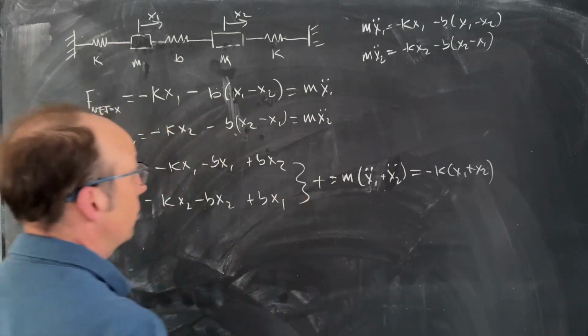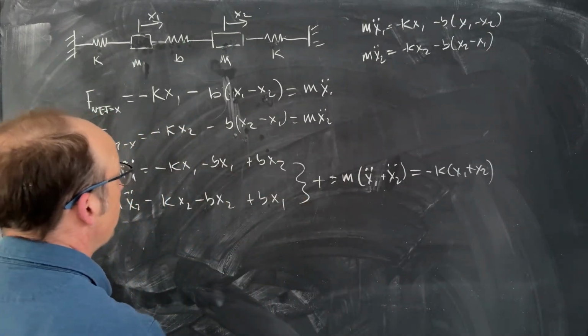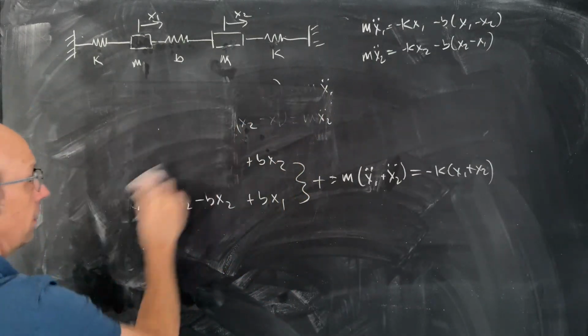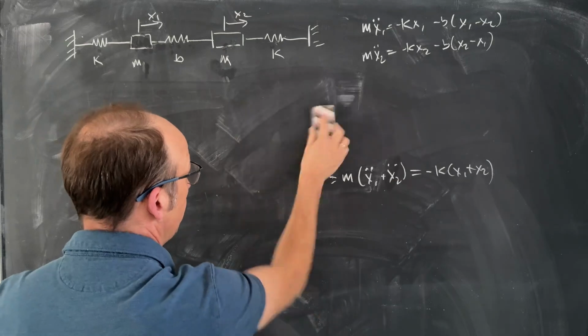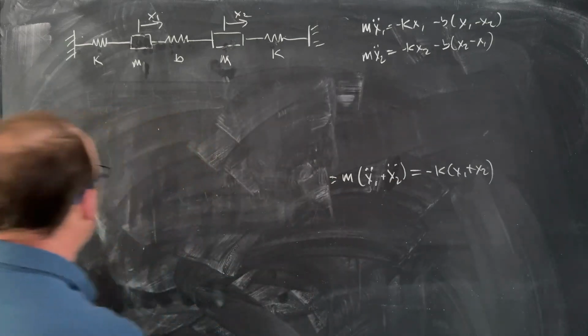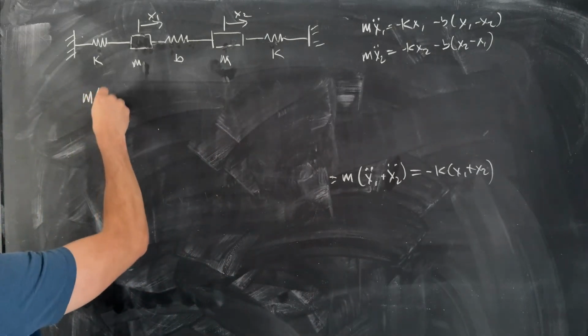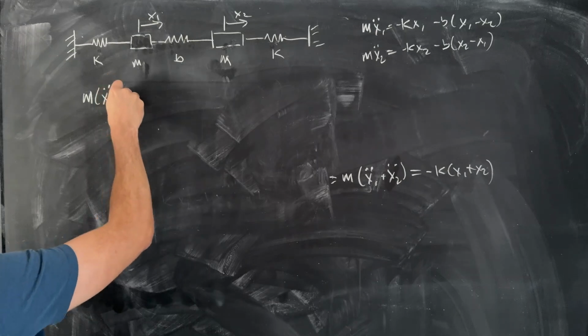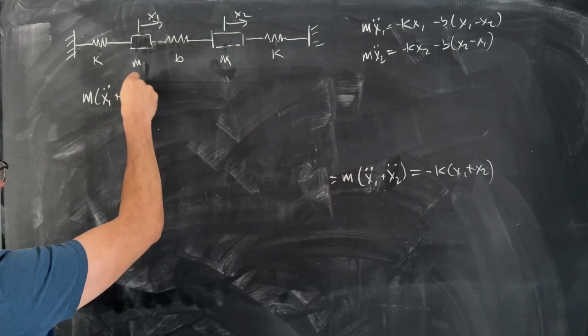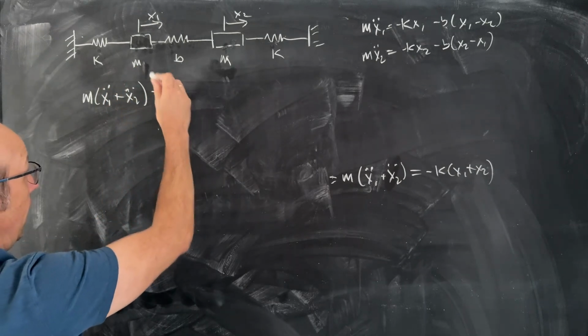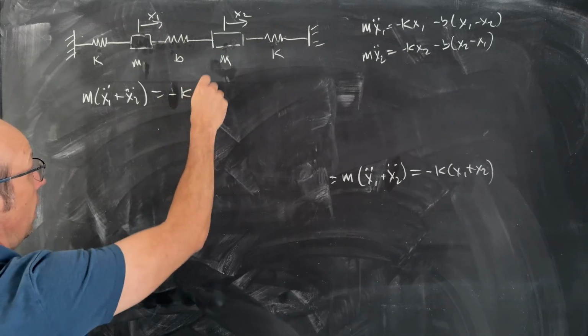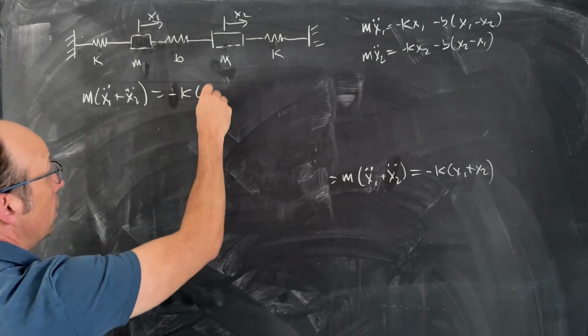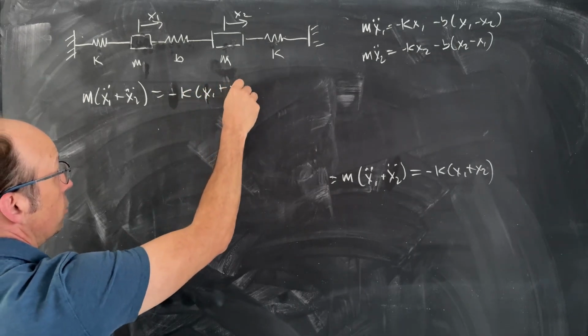That's what I have. And then this equation we can deal with. Just to rewrite it, m times x1 double dot plus x2 double dot equals negative k times x1 plus x2.